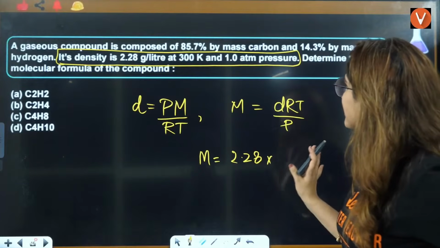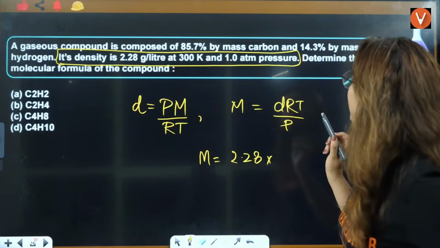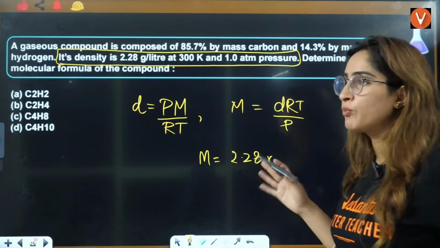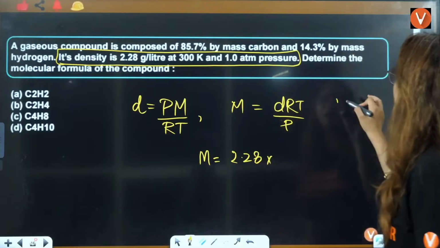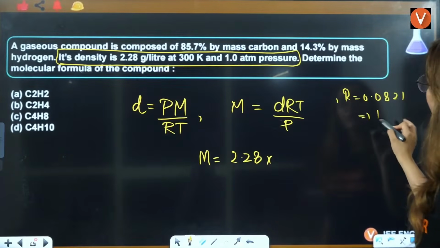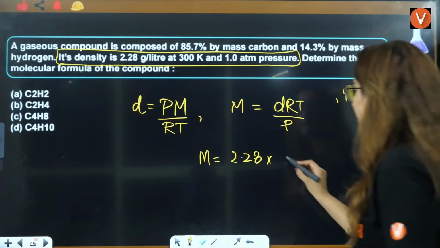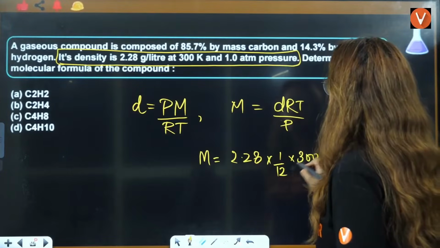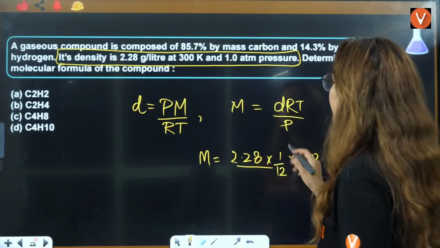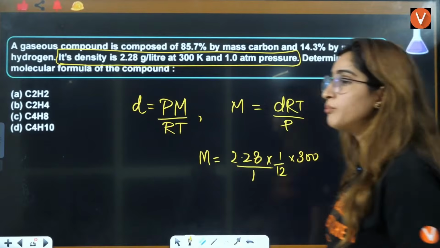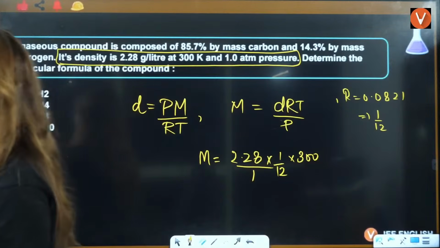Because your pressure is in atmospheres, and they have given you density and volume, so R you will take as 0.0821. That can also be written as 1 by 12, so I'll take it as 1 by 12. Temperature is 300 Kelvin, and I'll take it in Kelvin only. And pressure is 1. That's how you calculate the molar mass here, right?